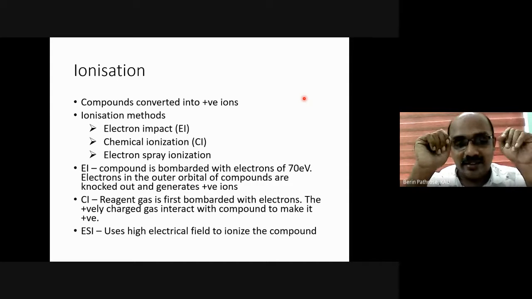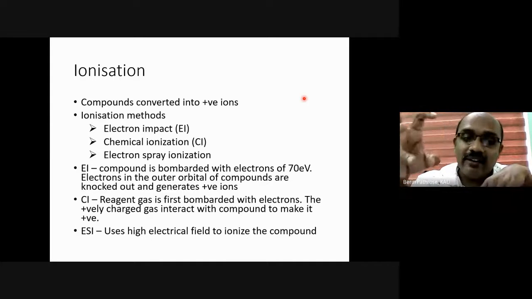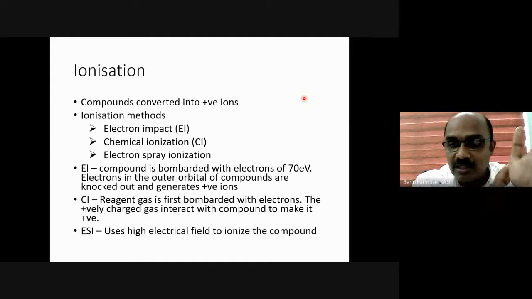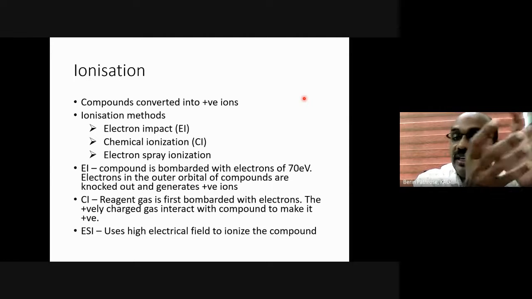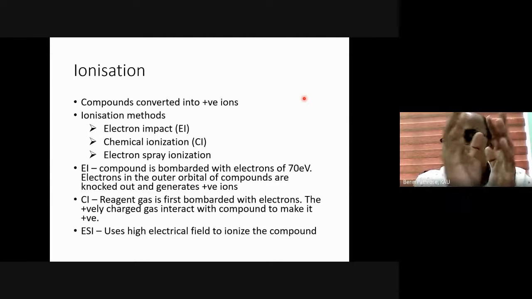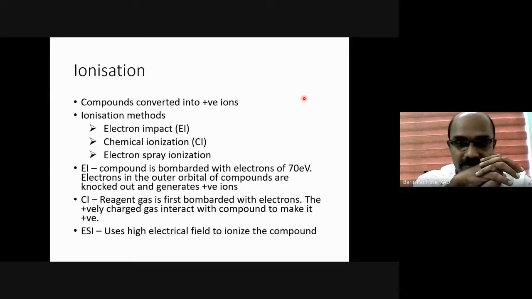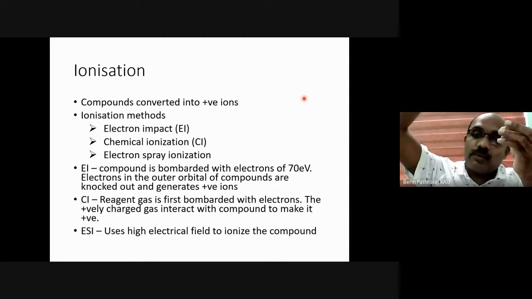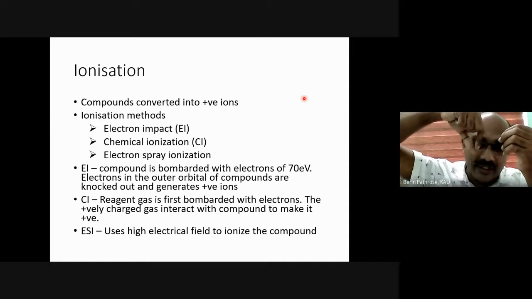In chemical ionization, instead of directly bombarding the compound, we have a reagent gas, and that reagent gas will be given a positive charge. This reagent gas will interact with the compound and transfer the positive charge to it, and the compound will get ionized. And in electrospray ionization, the column will be connected to a nozzle, and the tip of the nozzle will have a very high electric field.